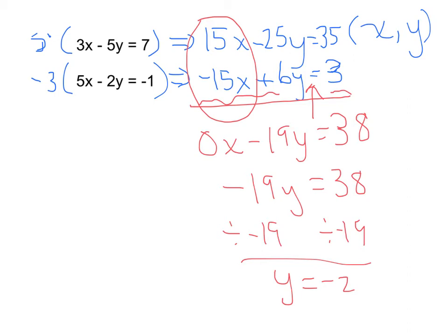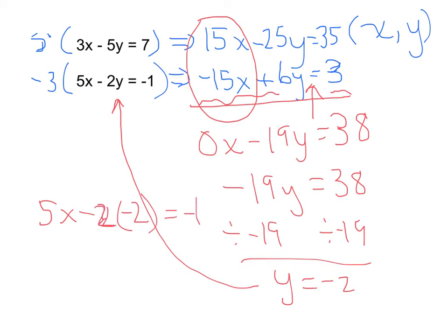You can use this exact same process to eliminate y and solve for x, or you could take this answer, since it's nice and neat, and stick it in for this y and solve for x. So let's solve for x in that regard. That means 5x minus 2 times negative 2 equals negative 1, and we're asking the question, is this a true statement?